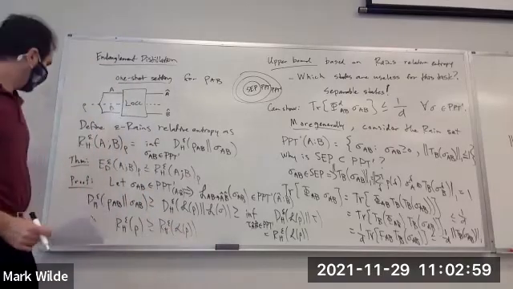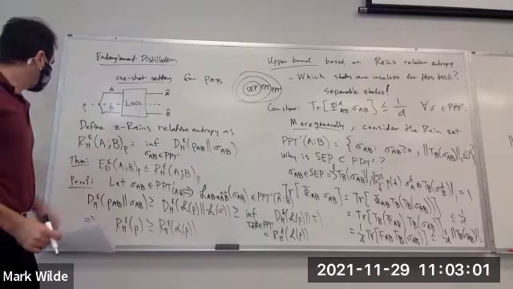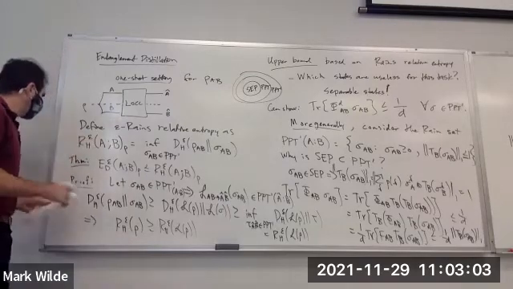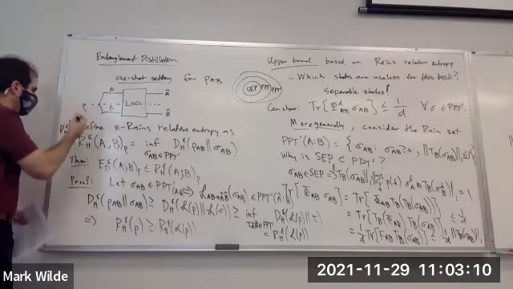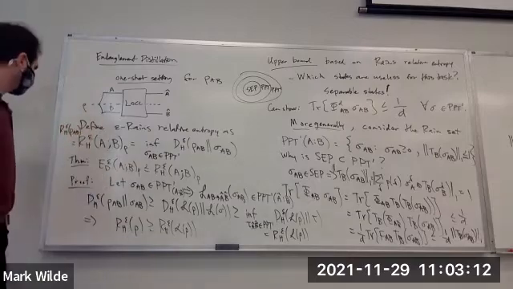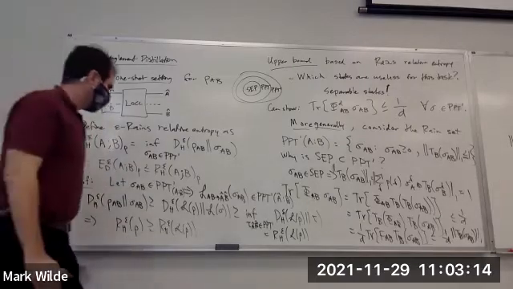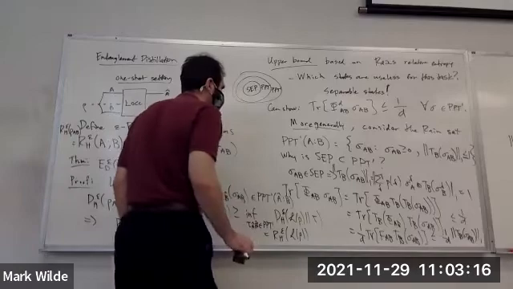Okay. So that's a key step. And here we're using a different notation. We can also write it like this. It's another way to write it. Some people prefer that.